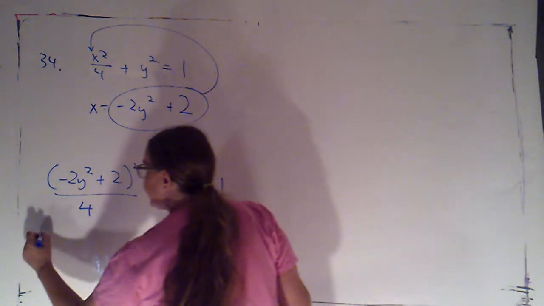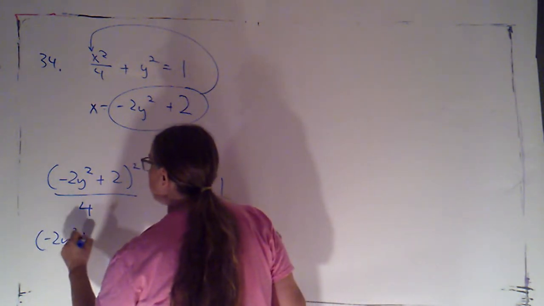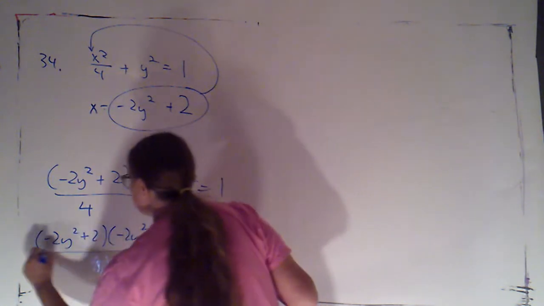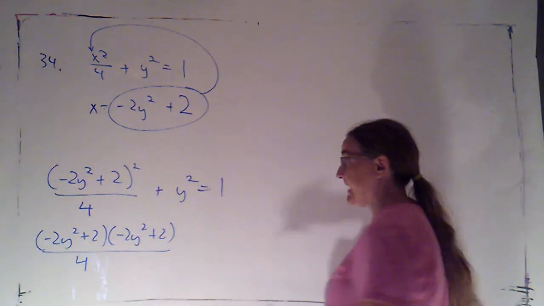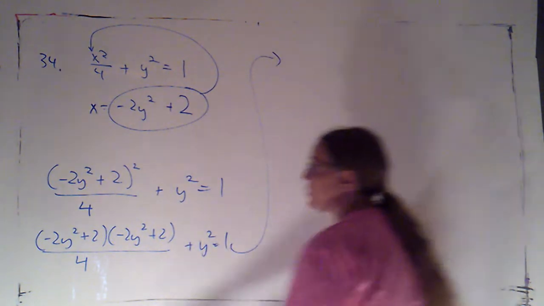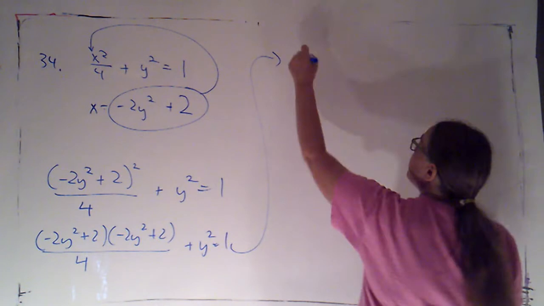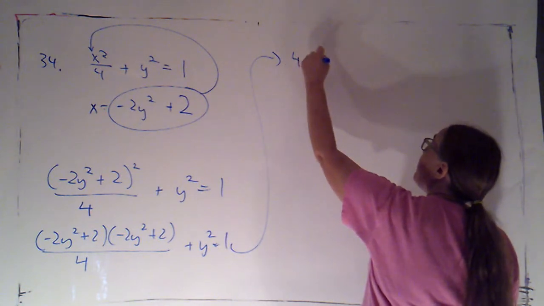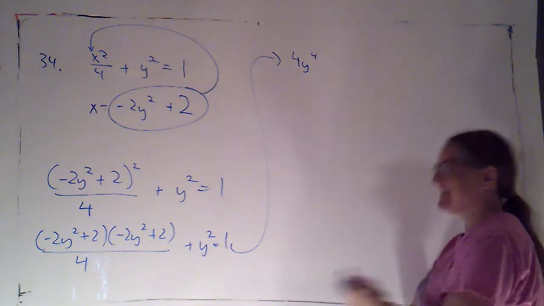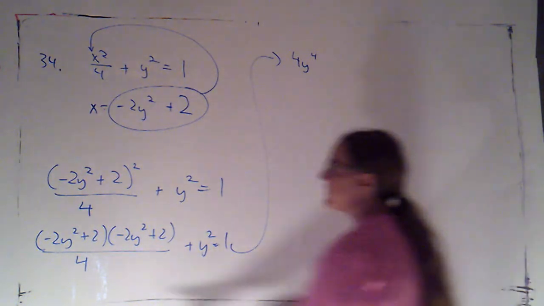Now remember, when we square this, we're multiplying together two factors of negative 2y squared plus 2. So we're going to have to FOIL that out. So when I do that, my first terms will give me 4y to the fourth. I'm squaring y squareds, so I'm getting the fourth power.